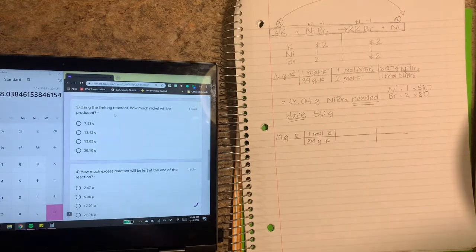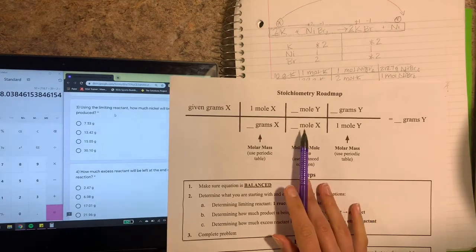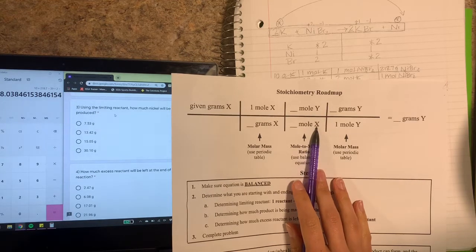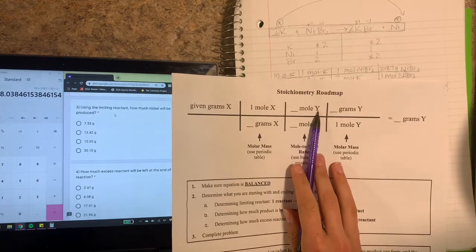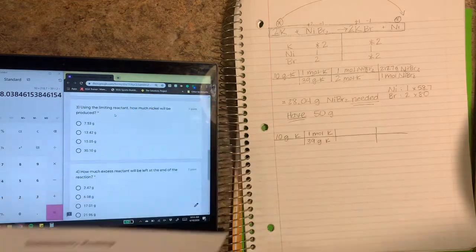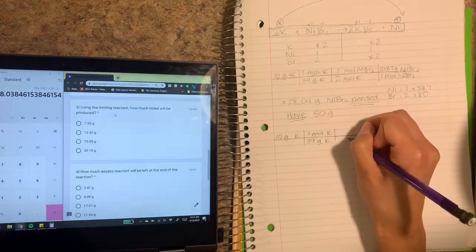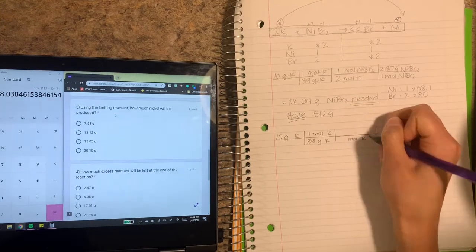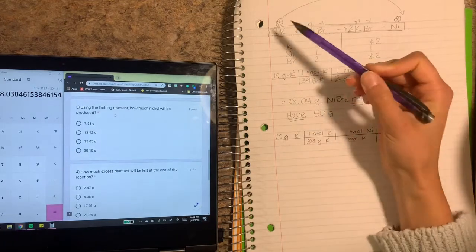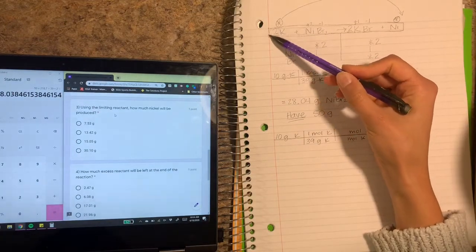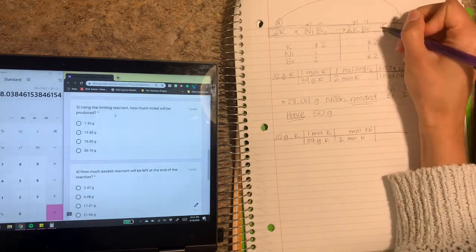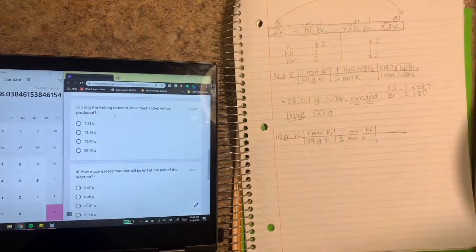Then I need to do that mole to mole ratio. So I need to figure out how many moles of potassium and then how many moles of nickel that would produce. So that's where we use again our balanced equation. So we have moles of potassium, 2 moles of nickel. So we use the coefficients. So for every 2 moles of potassium, we are going to produce 1 mole of nickel.